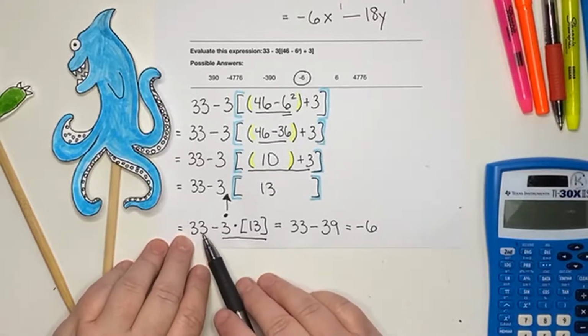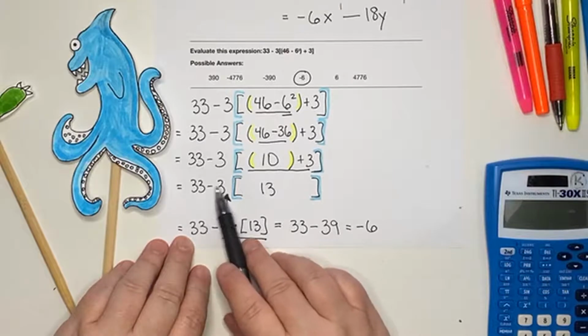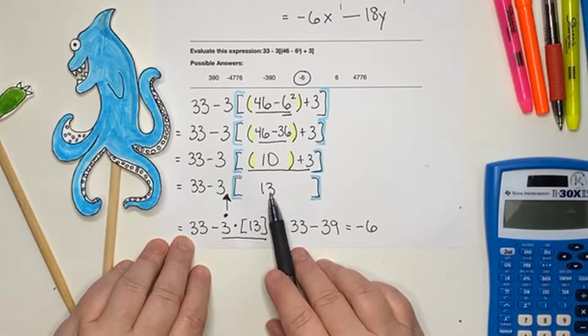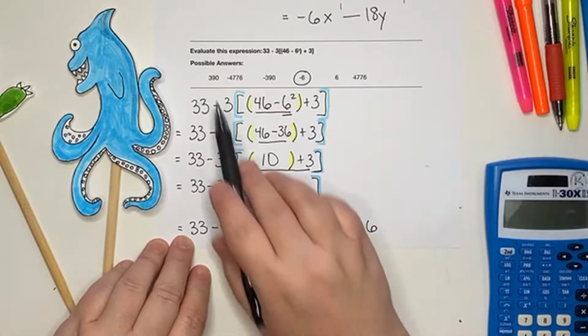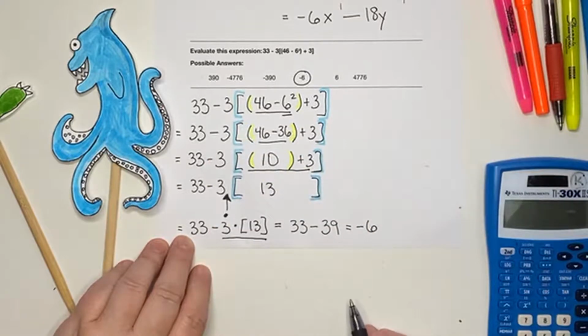Because what happens if you forget the multiplication and you do the subtraction first? Then you get 30 times 13 is 390. Am I not just the evilest evil? Look at me putting the wrong answer up there. I'm not trying to trick you, but it is my job.